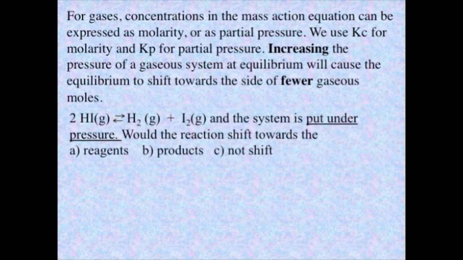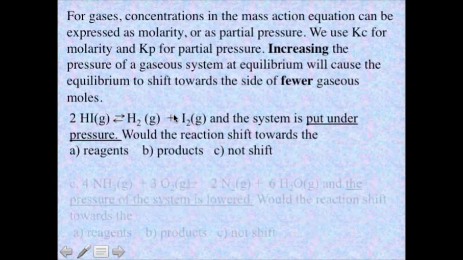So if you've got this equilibrium, 2HI yields H2 plus I2, and the system is put under pressure, will the reaction shift toward the reagents, products, or not shift? And of course, you have equal gaseous moles on both sides of this. 2 gaseous moles on the reagent side, 2 on the product side, so even putting it under pressure is not going to have an effect on the equilibrium.